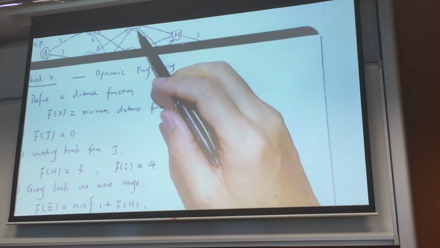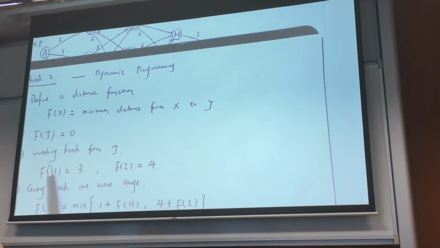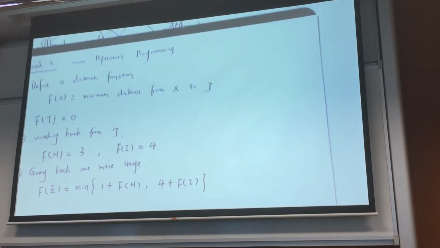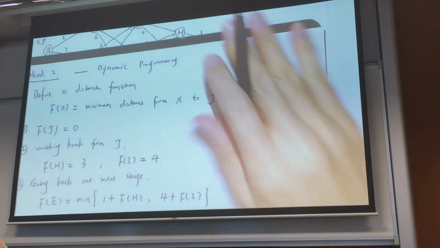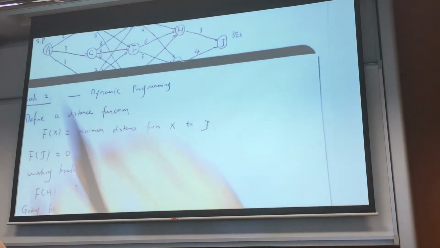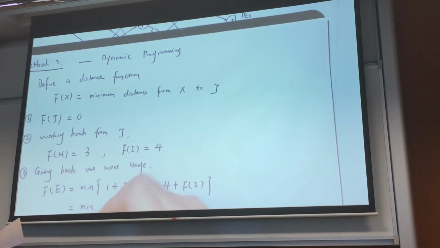The second route is from E to I, with distance 4 plus f(I). We directly use the optimization results from the previous step. It's quite straightforward to understand, right? We just use the results from H and I. Gradually you will see the advantage.